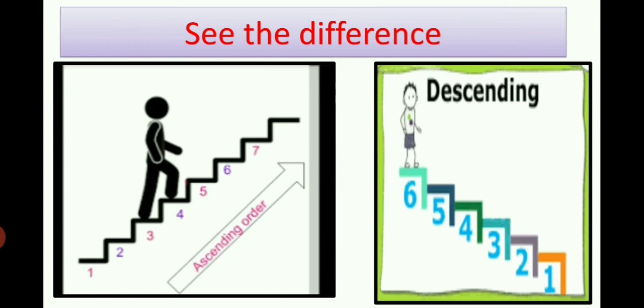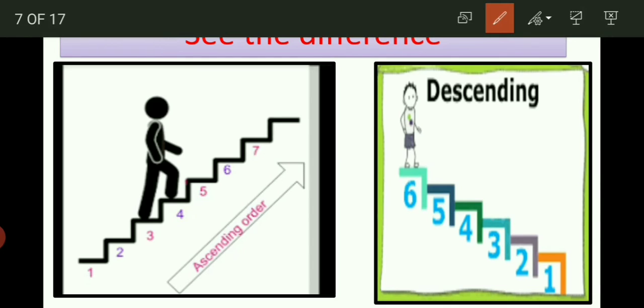Now I just want to show you the difference between ascending order and descending order, so that you can understand it in a better way. You can see here I have written some numbers, 1, 2, 3, 4, 5, 6, 7, from 1 to 7.